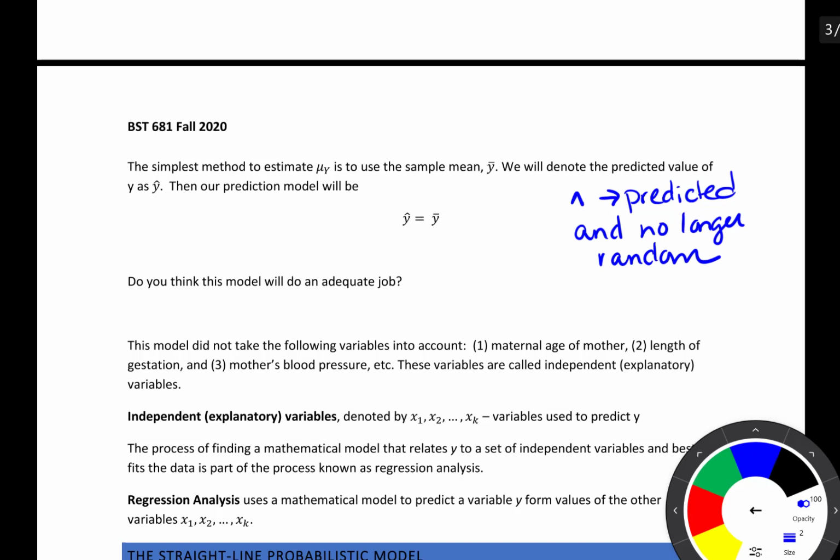In terms of our birth weight example, we would be saying, I'm going to predict that all new birth weights are equal to the average of my sample of birth weights. Is that going to do a very good job? The answer is no. Really what we need to do is incorporate other variables.